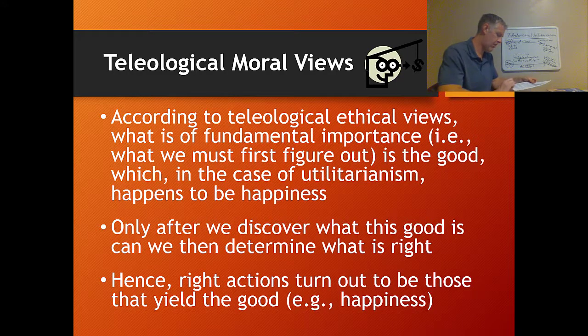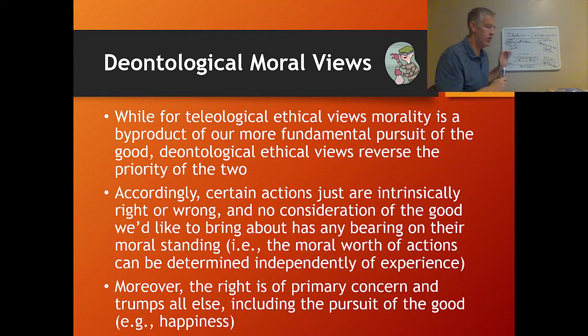And then turning to slide 8, the deontological moral theorists, right? They reverse that. People like Kant want to say, no, hold up. Actually, what we start with, and the deontologists will oftentimes emphasize our rational capacity.